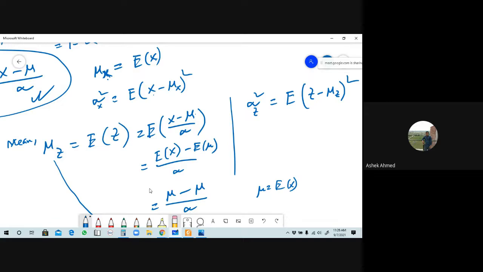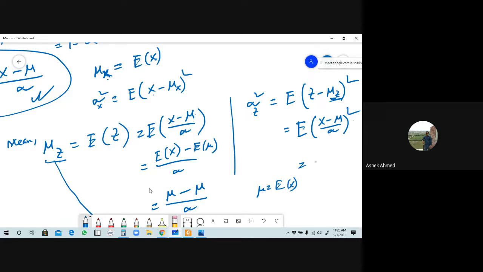Okay, so from here we know that mu suffix z is 0. Since we get 0, the expectation of z is x minus mu by sigma whole square minus 0, and since it is 0 I omit it and do not write it. Okay, so from here it changes into whole square form.